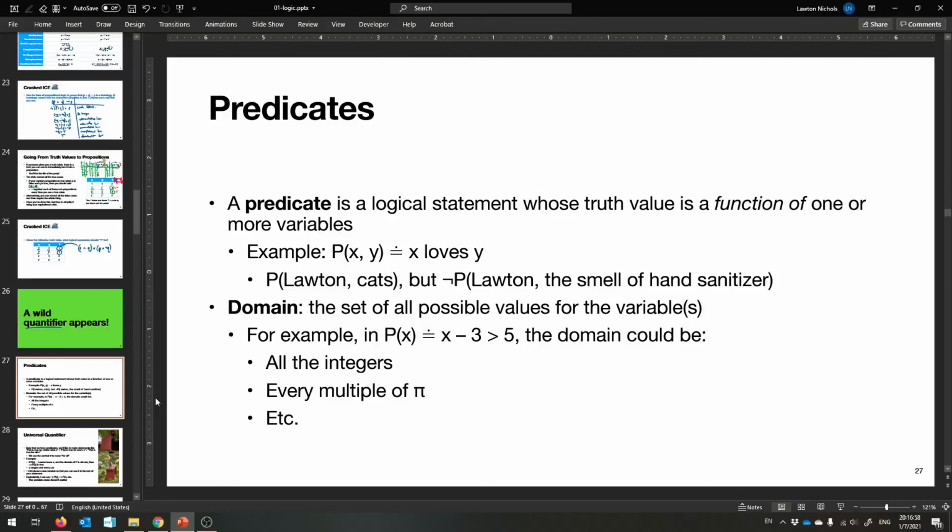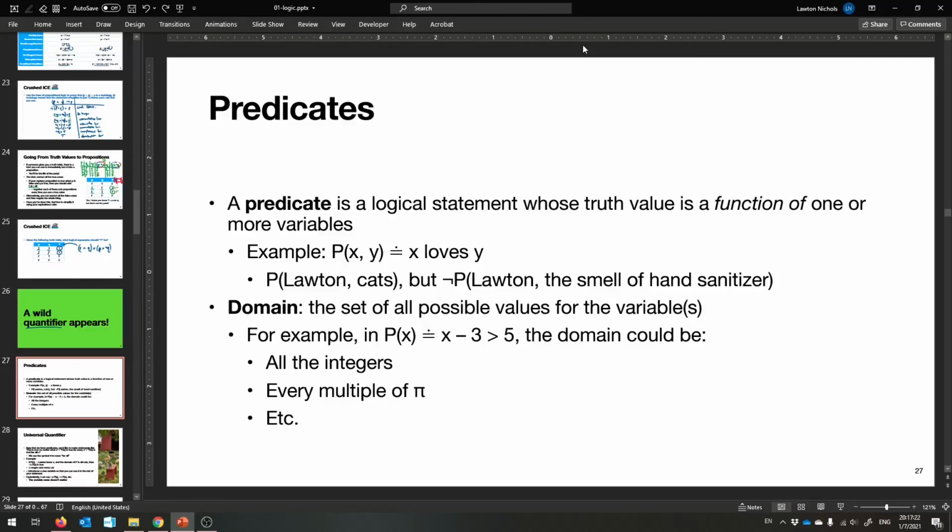Okay, it's a function in proposition land. It's a logical statement whose truth value is a function of one or more variables. So I can define this proposition P, and it's like a function involving other propositional variables like x and y, or just members of some set of things like people.